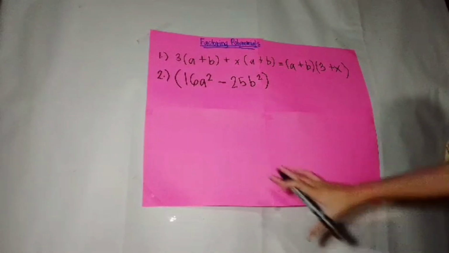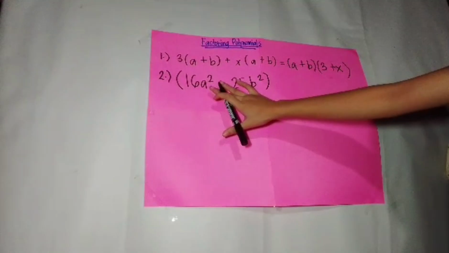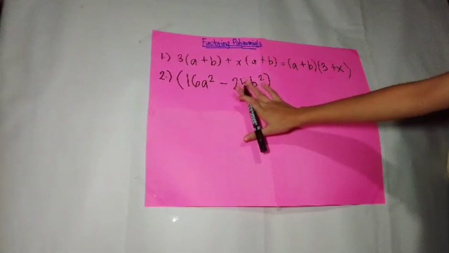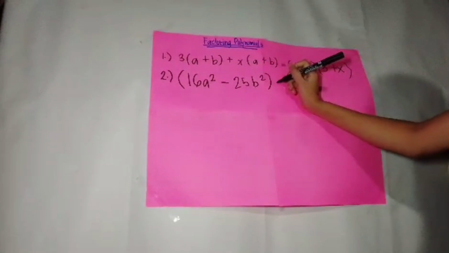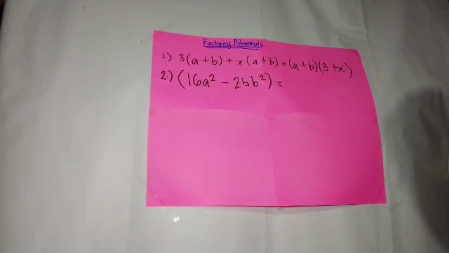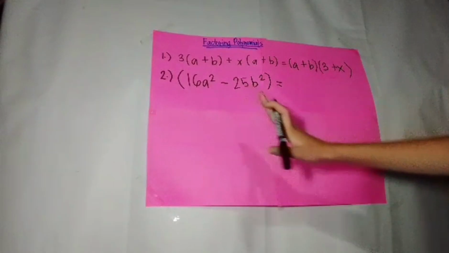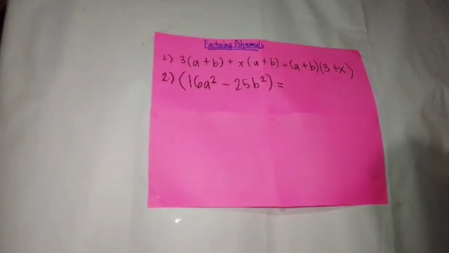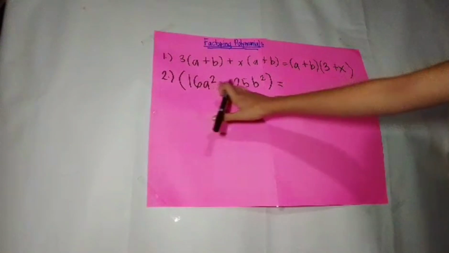So our given is 16a squared minus 25b squared. If you notice, first, the numbers are perfect squares. That means you can take the square root and then the variables are both squared.